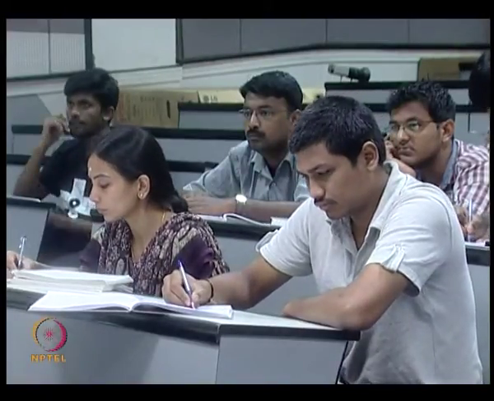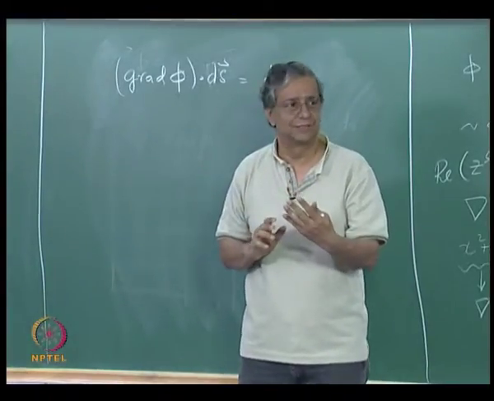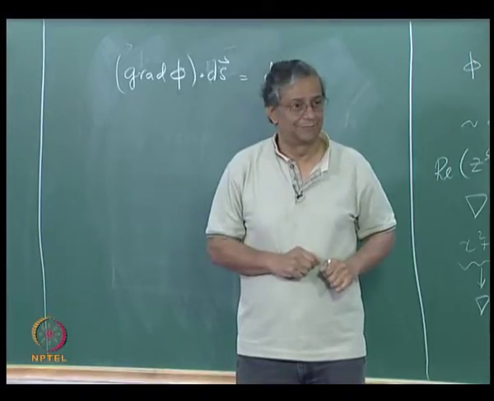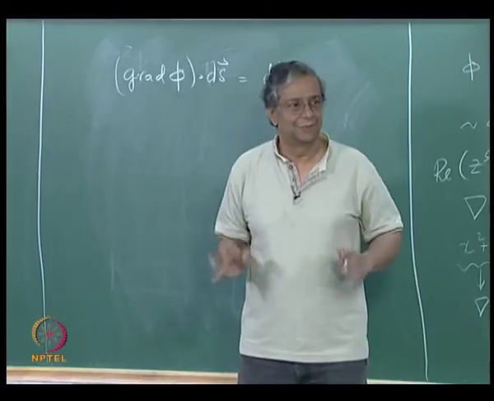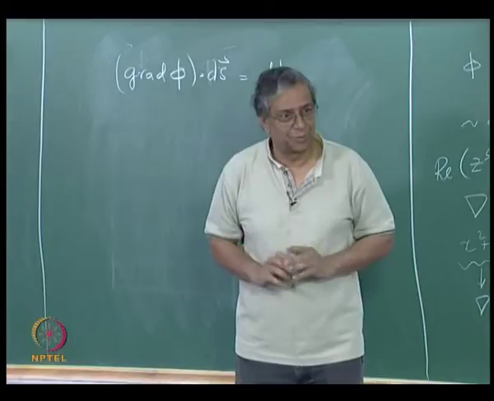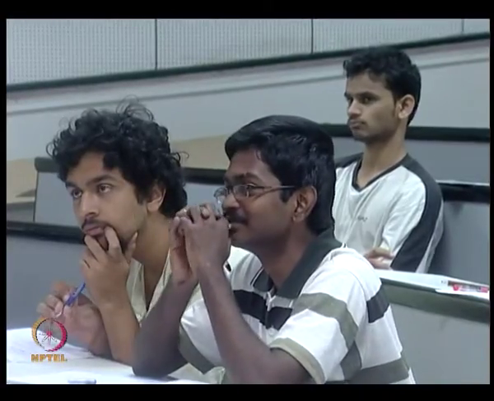How is this important? Well, it makes a difference. You can say the derivative is something at some point, but it makes a difference whether you are walking uphill or walking downhill. The direction is important. It is not enough to say that, oh, I am on a mountain. It is important to know whether you are walking uphill or walking downhill. Do you understand?